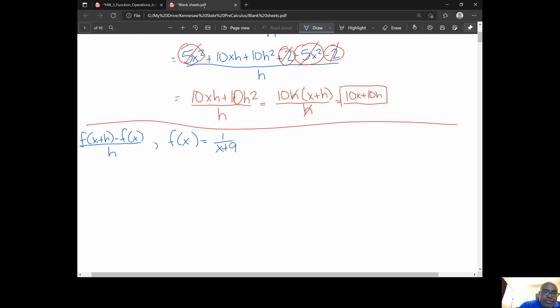So the difference quotient for this will be 1 over x plus h plus 9, minus 1 over x plus 9, all over h.